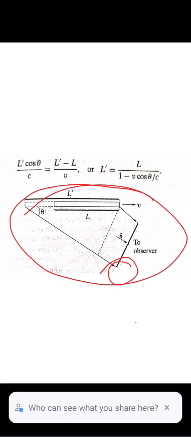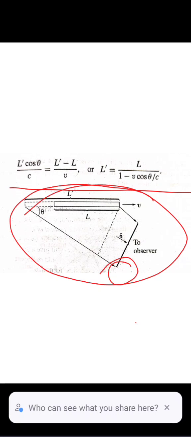Okay, so it gives an expression like this: L dash cos theta divided by C is equal to L dash minus L divided by V. Theta is the angle between the train and the observer. L dash cos theta is the distance traveled by the light, divided by C, which is equal to L dash minus L divided by V. This is the time, and this is also the time, so both are equal.